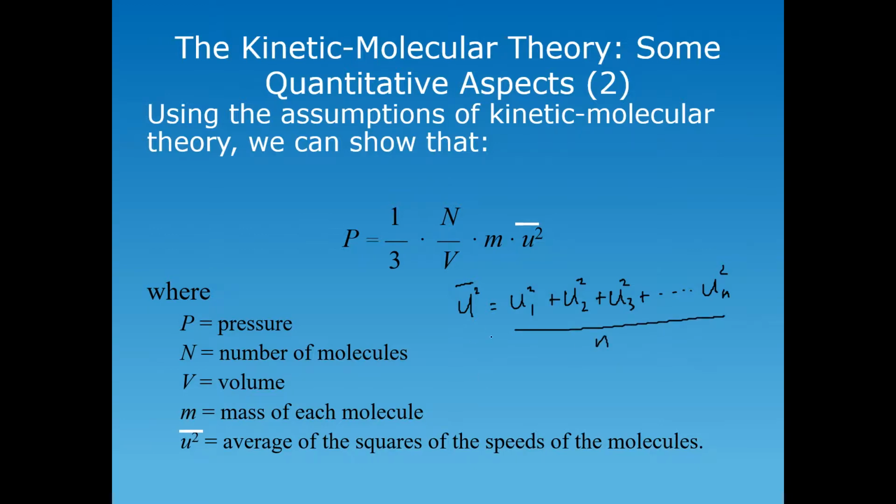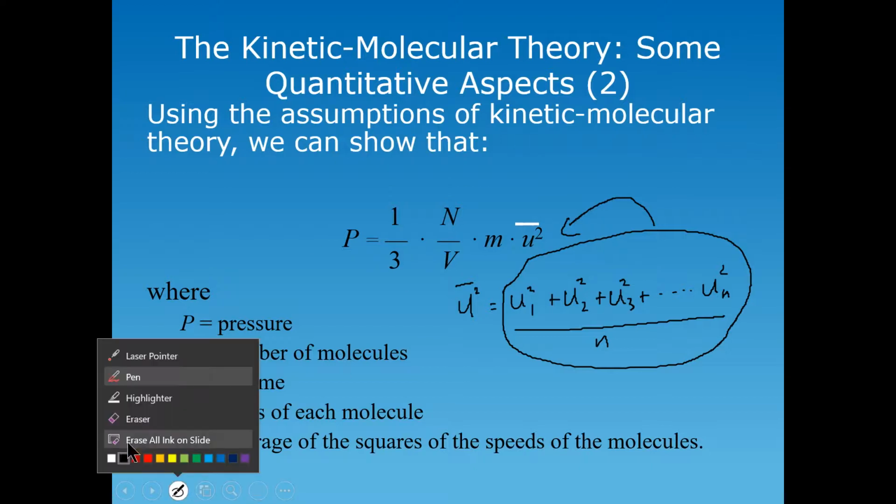So therefore, all of this here is basically what goes into this part of the equation right here. All right? So basically, that's the relationship between pressure and all the other terms.